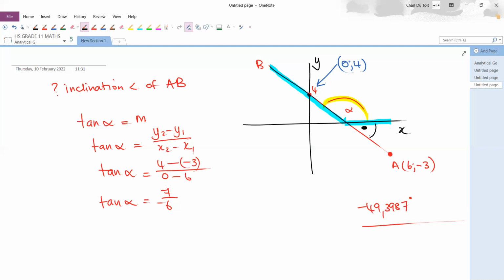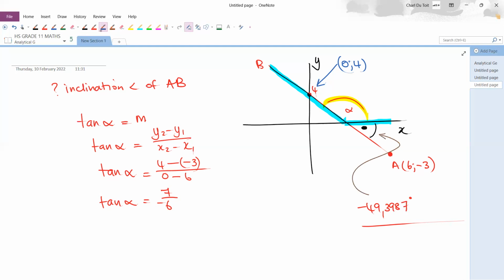Because I have a negative ratio, if you can remember something about trigonometry, tan will be in the second or fourth quadrant. It will give you a second or fourth quadrant answer. It's actually given you a fourth quadrant angle. So it just gave you this angle here.